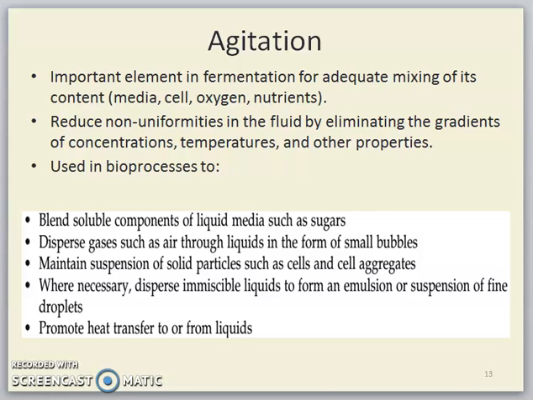By using this agitation, we can maintain the suspension of solid particles such as cells and cell aggregates, where if necessary, it may disperse the immiscible liquids to form an emulsion or suspension of fine droplets, and this agitation also can promote heat transfer to or from the liquid.